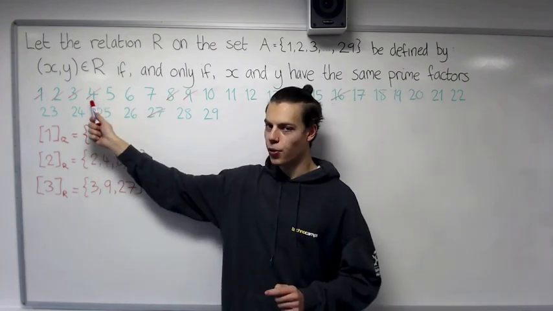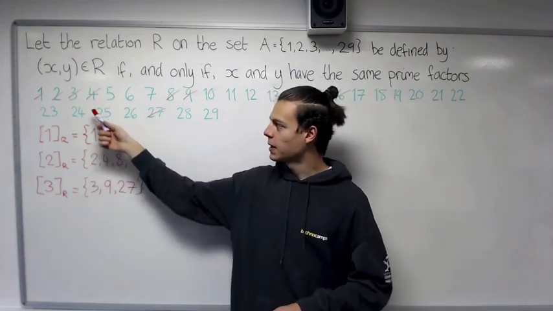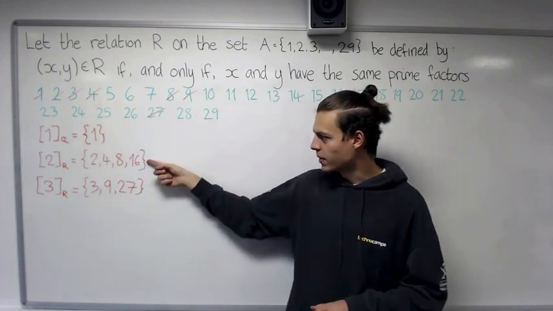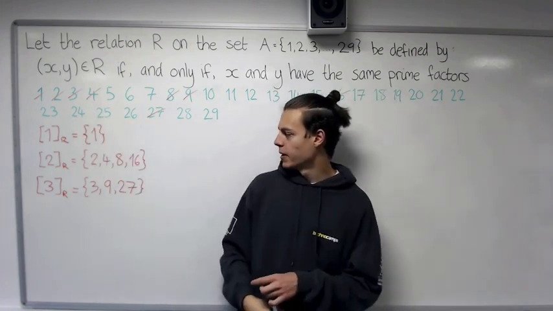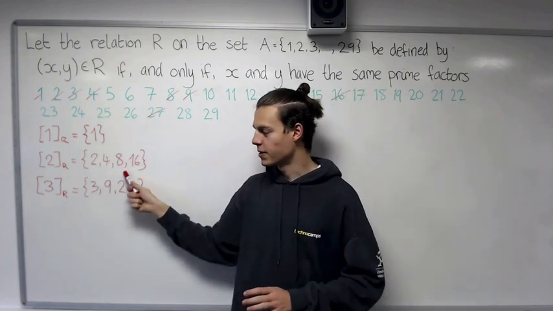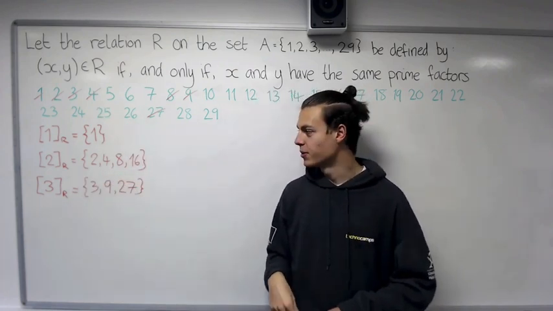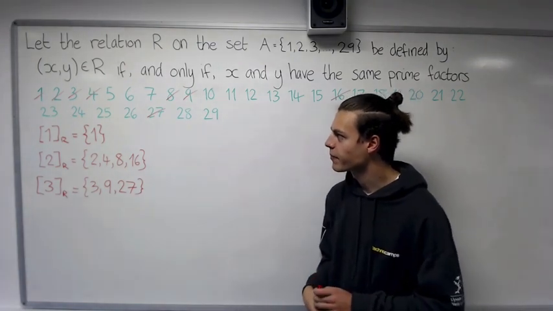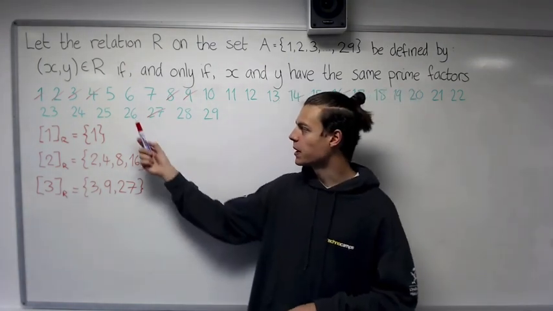Now we get to 4, but 4 is already in the equivalence class of 2. So we know that the equivalence class of 4 is just identical to the equivalence class of 2, so we don't need to write this out. So we'll move on to 5.